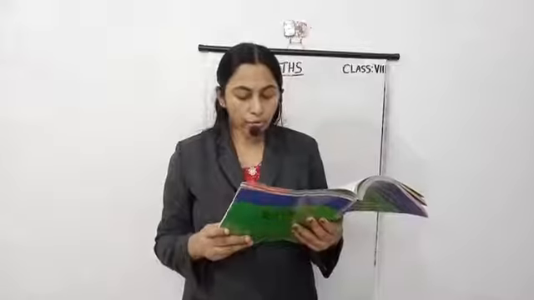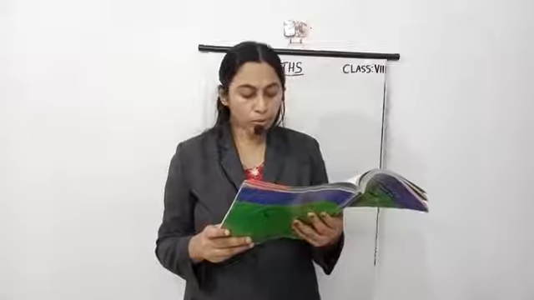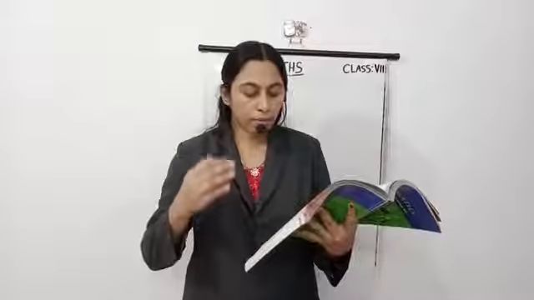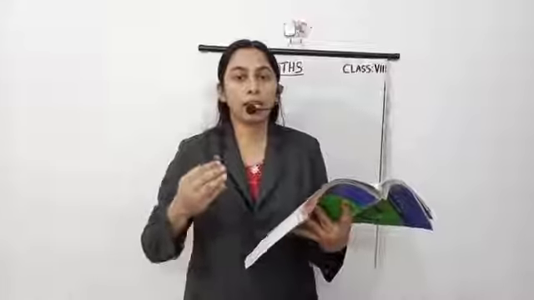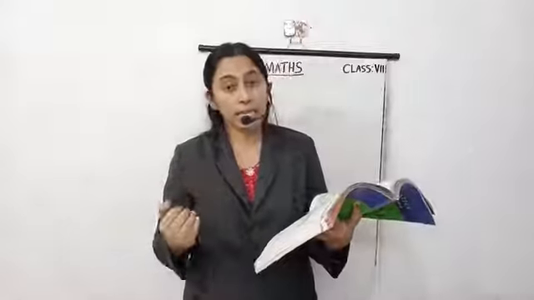Now question 4. Arun bought a car for rupees 3,50,000. The next year the price went up to rupees 3,70,000. What was the percentage of price increase? This is also the same as the third question. In the third question it is decrease, in the fourth question it is increase.